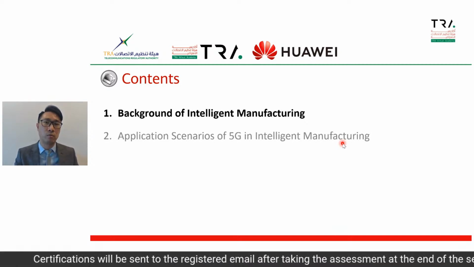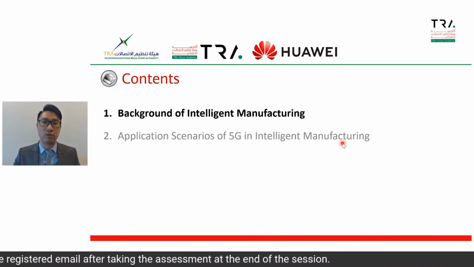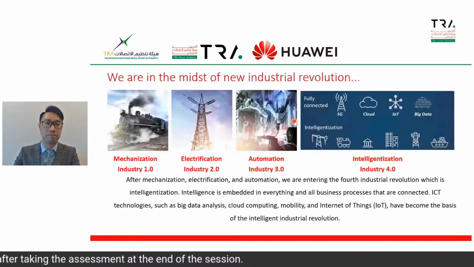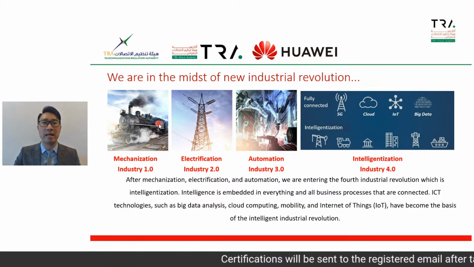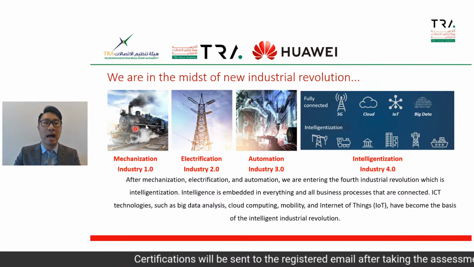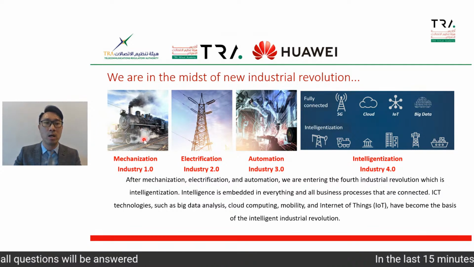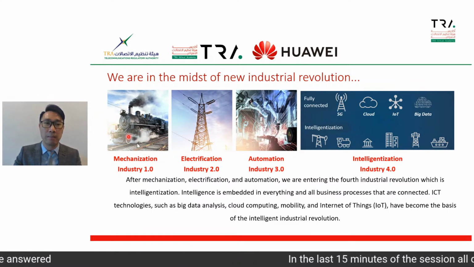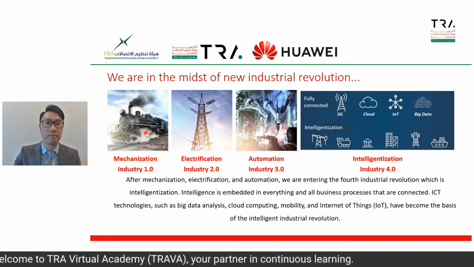Industry 1.0, 2.0, 3.0, and now we have Industry 4.0. Industry 1.0 started in the 18th century when we had steam power. This is where we started to use steam power to power some motors. So this is the first Industry 1.0 revolution.